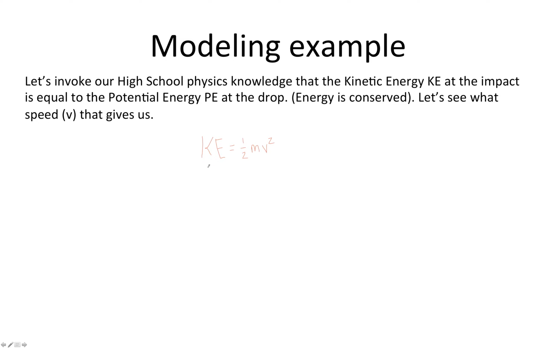And the potential energy is simply equal to the mass of the suitcase times the acceleration of gravity times the height from which the suitcase is dropped. And if we set these two things equal to each other, we get that the velocity squared is equal to 2gz.